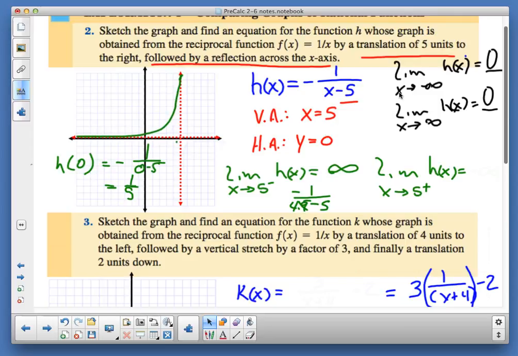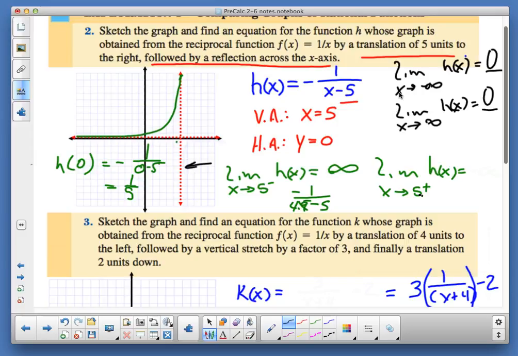Are you okay with the fact that if I take my regular function, my 1 over x, I've just flipped it across the axis? My other side is going to be down here. If I'm approaching on this side for my limit, now I'm at 5.000000001, but that's positive.